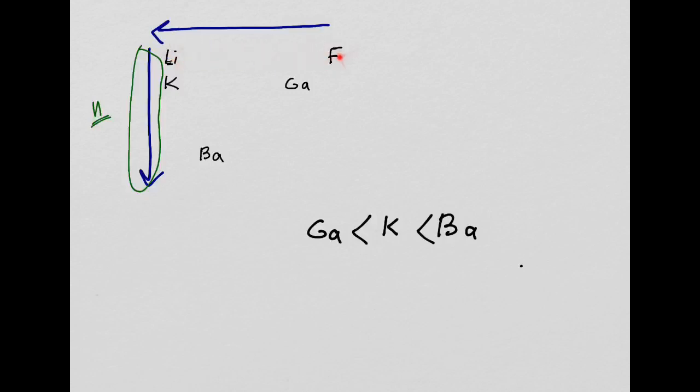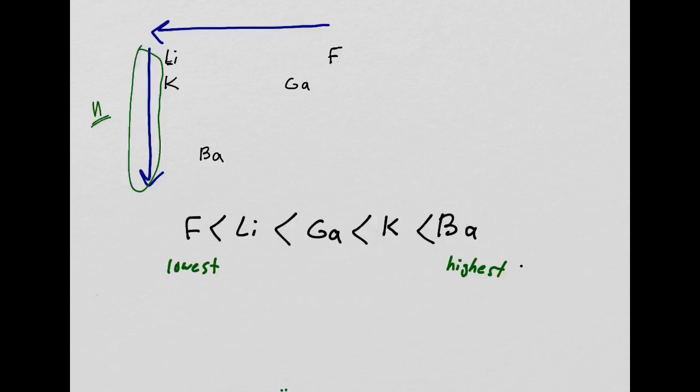Lithium and fluorine are in the same row again. If you're in the same row, fluorine is my smallest one. So it's lithium, and then the last one is fluorine. So here I went from the smallest, the lowest atomic radius, to the highest. And hopefully you know this symbol means greater than, right? All right, that was our practice problem. Put them relative to each other and then do this.